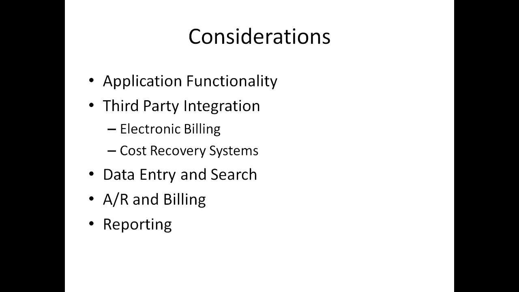I skipped over accounts receivable and billing because that's a different consideration. In Timeslips, depending on how you set up your naming convention, you have an option to bill and to track your accounts receivable differently.